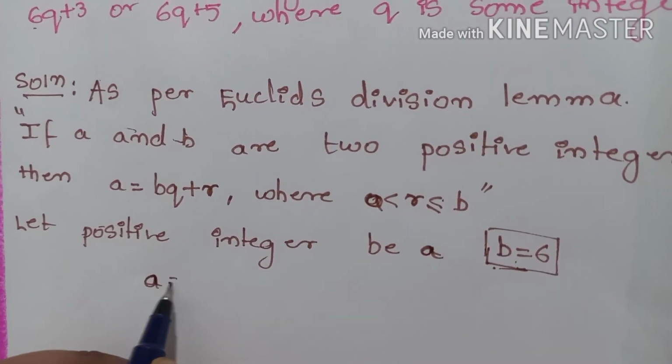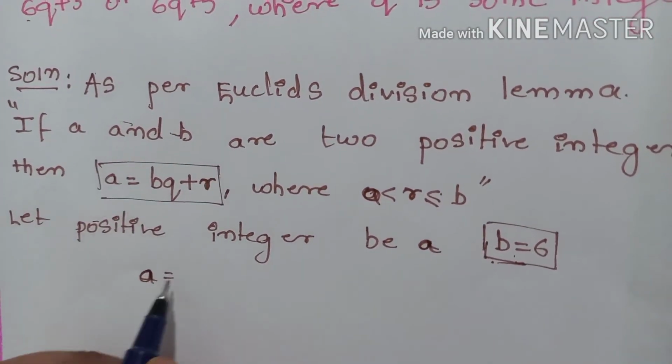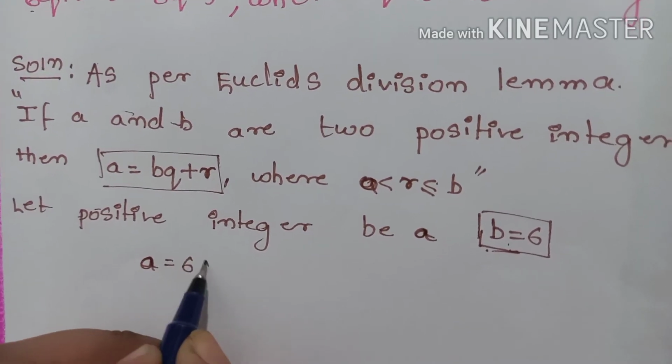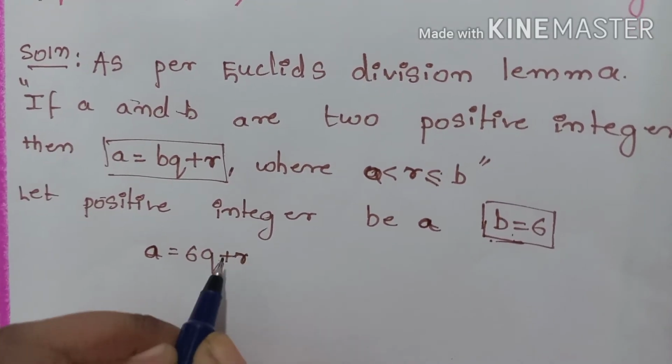So substituting the b value in this standard form, we get a is equal to 6q plus r.